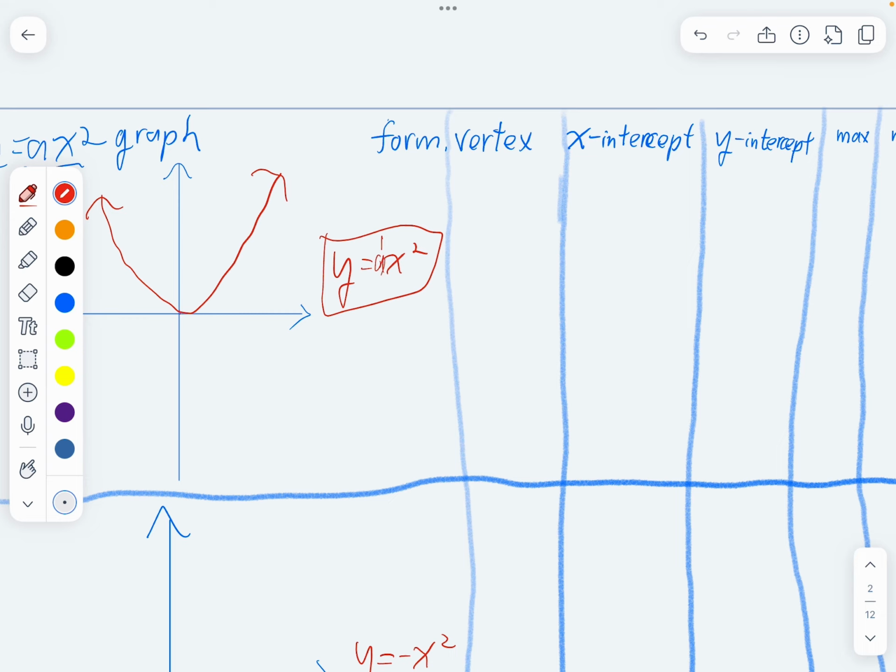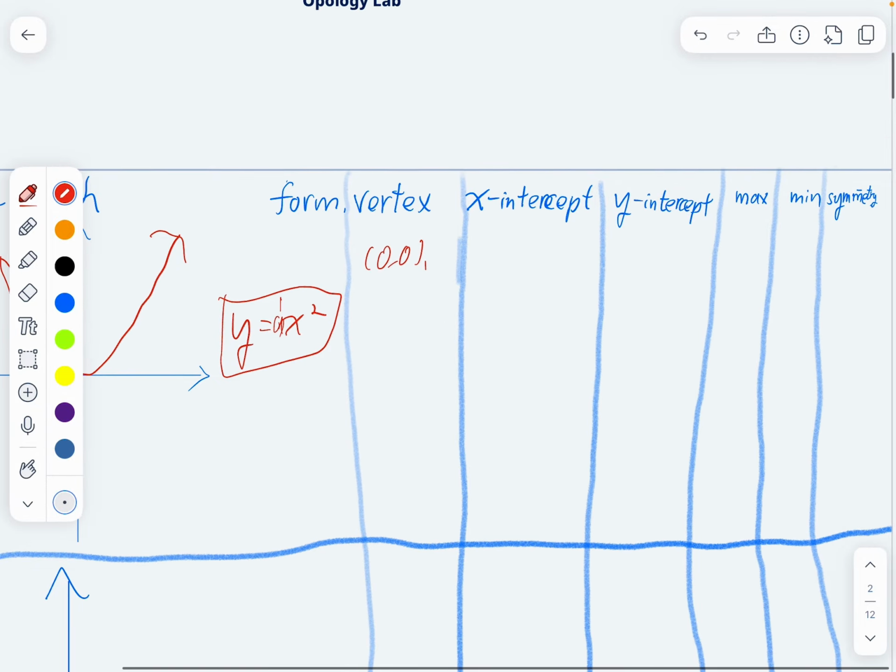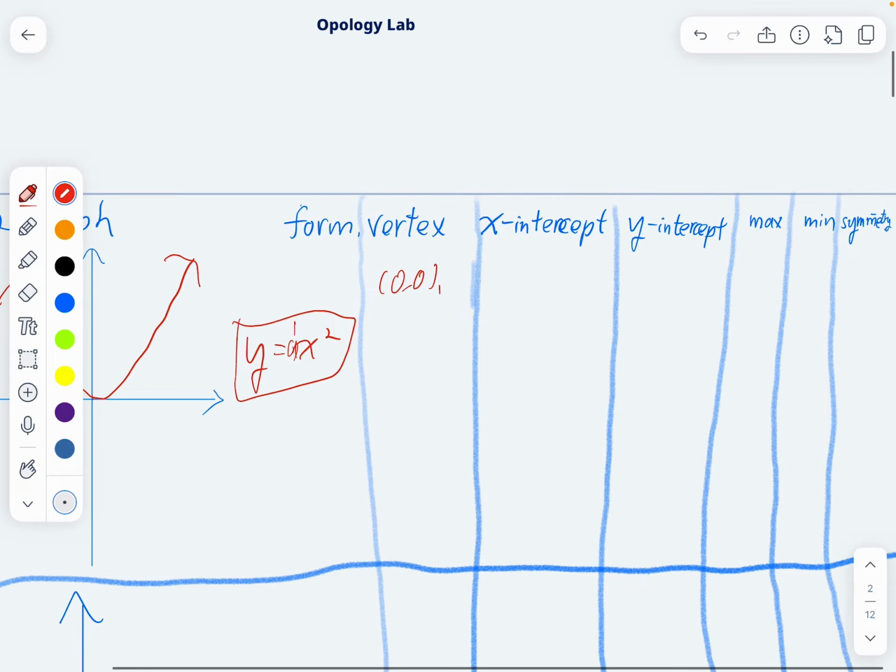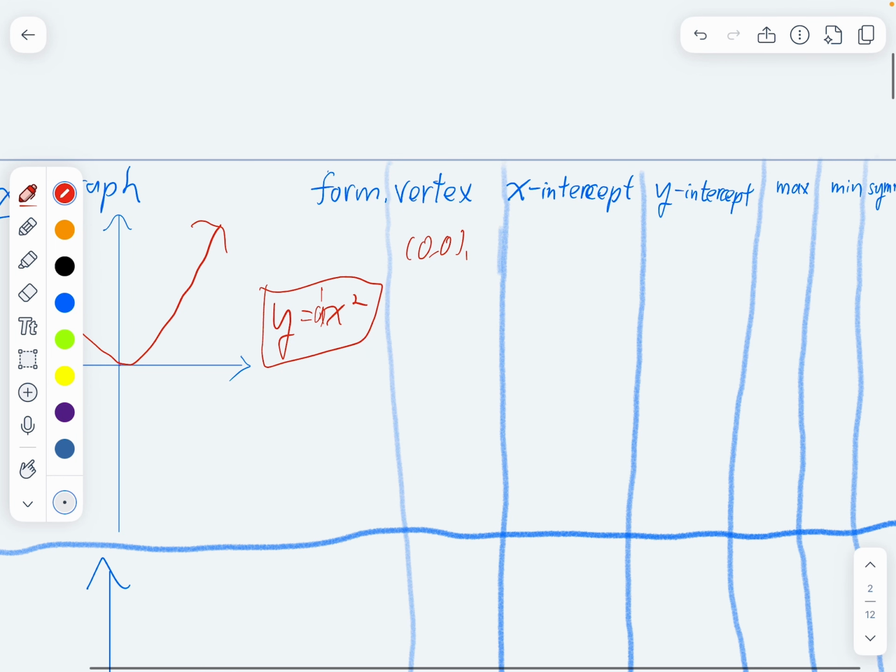So the vertex is (0, 0). The vertex is the turning point of the graph. It's either the minimum point or the maximum point.